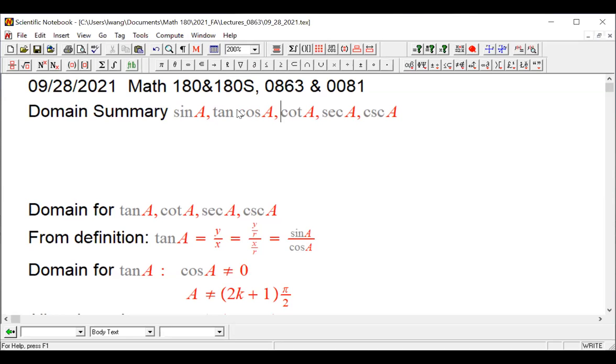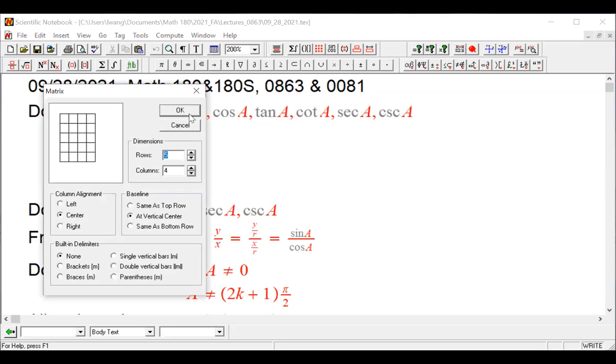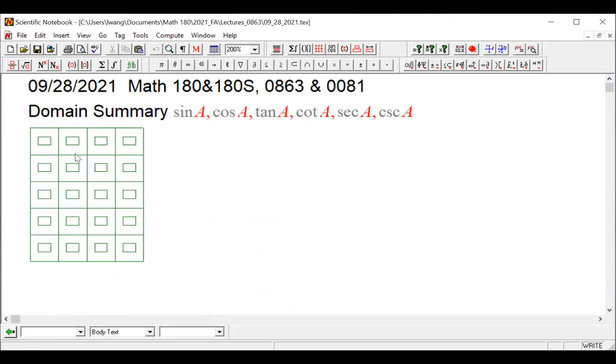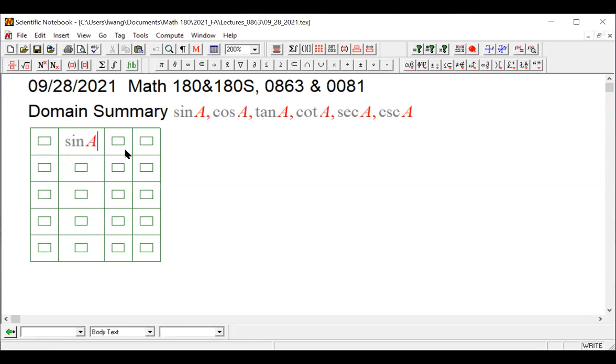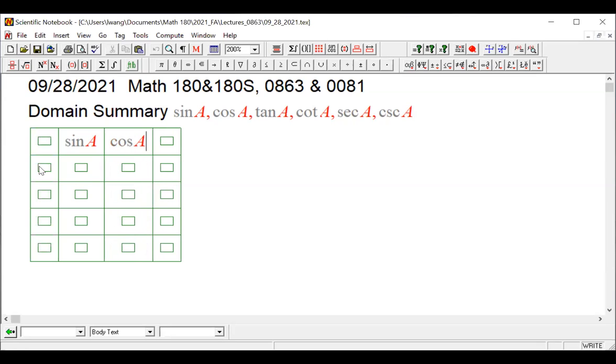Now we also want to build some logic into this table. For sine and cosine, what's their domain?